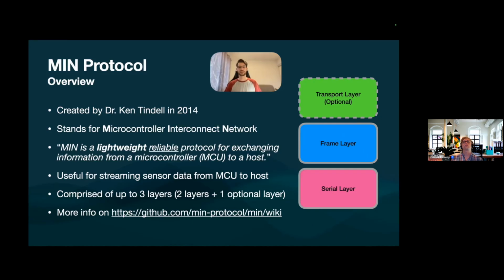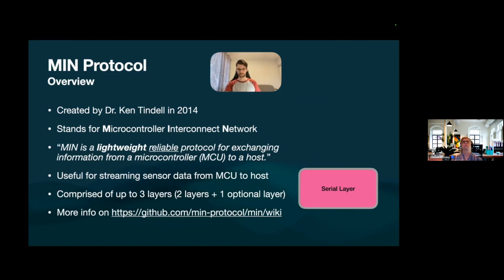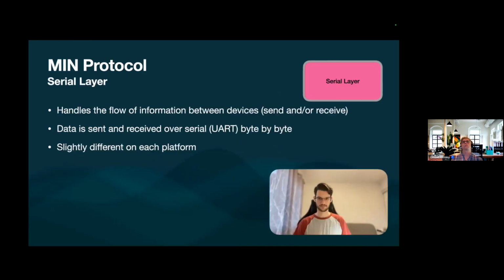As we can see on the right side of the screen, the MIN protocol is actually composed of 3 layers. Let's start with the bottom layer, the serial layer. The serial layer is essentially the bridge between the MIN protocol and the underlying serial link between two devices.